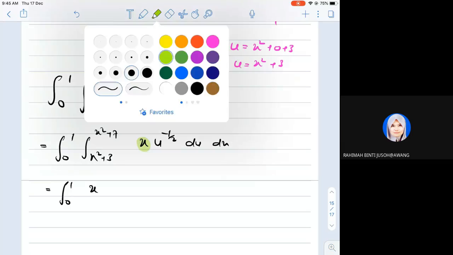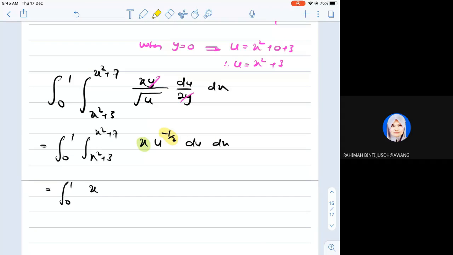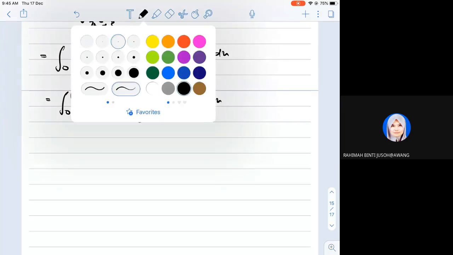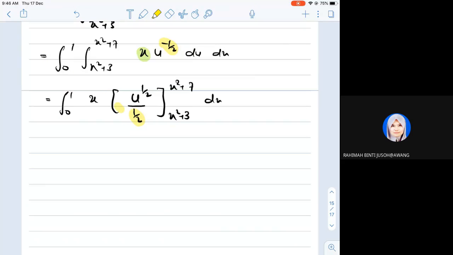So integrate u to the power of negative half plus 1. So plus 1 it becomes u to the power of half, isn't it? Over half. Integrate u negative half. Okay, so substitute x squared plus 3, x squared plus 7 dx. Okay, so the negative half, the half at the bottom, when it goes up it becomes 2, right?